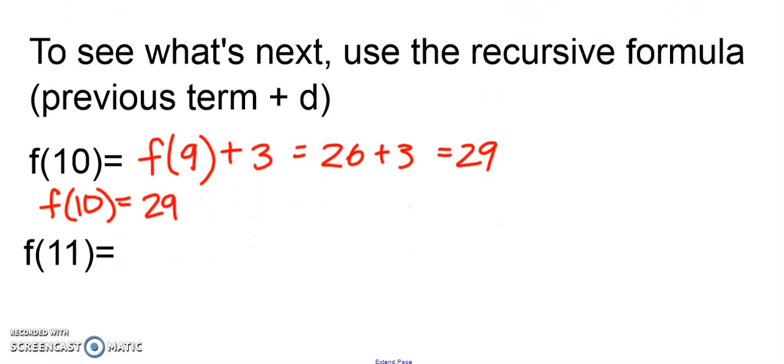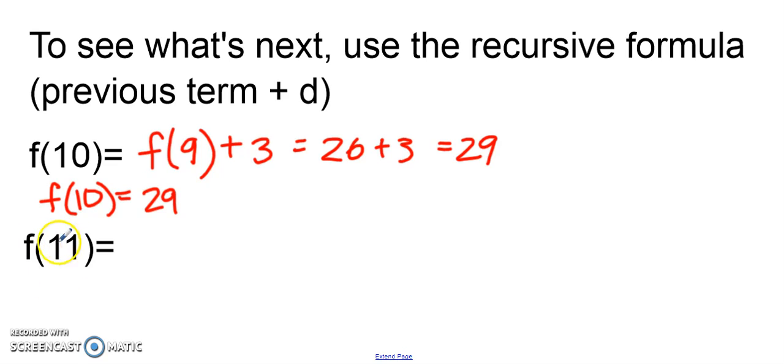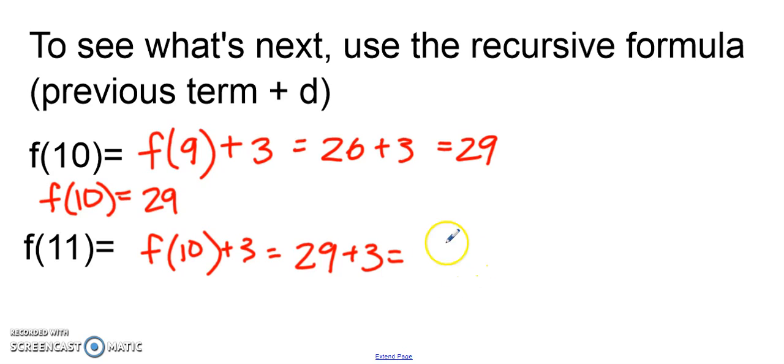Now, to find the 11th term, I take the previous term, previous to 11 would be 10. I'm going to add my common difference, which is 3, and, knowing that the 10th term is actually 29, I'm going to take 29, add 3, and I will get to 32, which is my 11th term. F of 11 is 32.